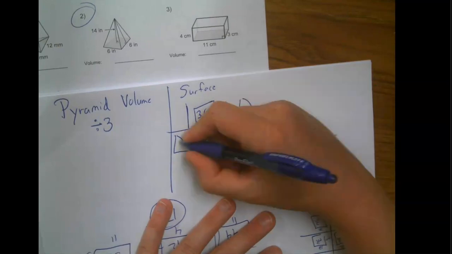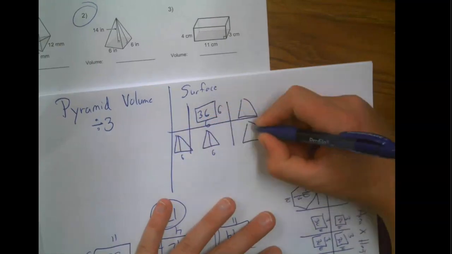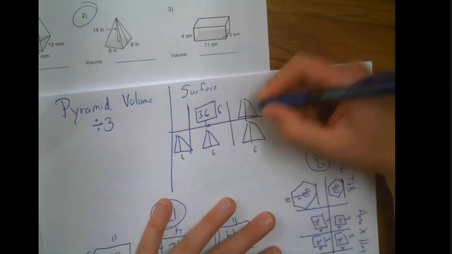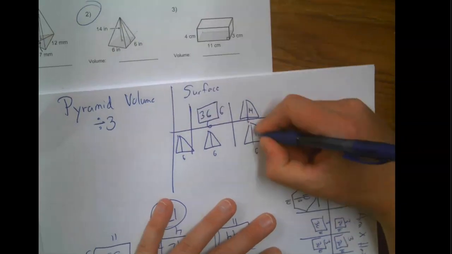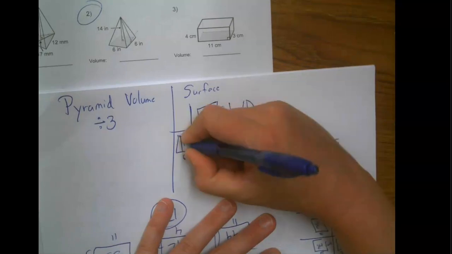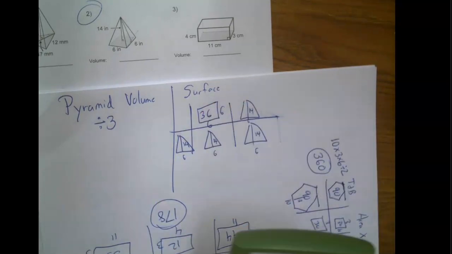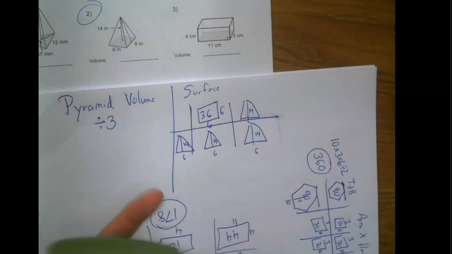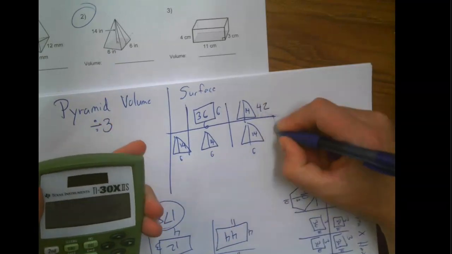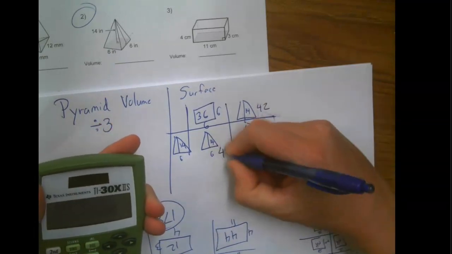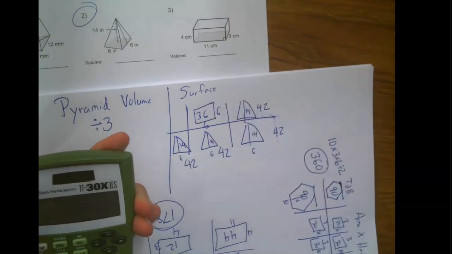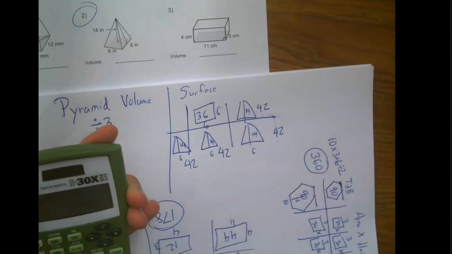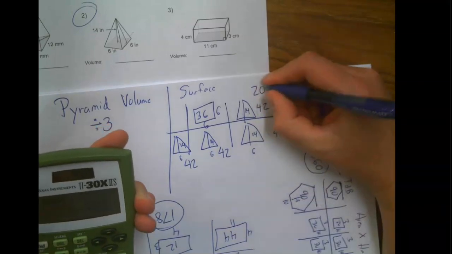The base of the triangle is always 6, and the height of the triangle is 14. So 6 times 14 divided by 2 is 42. Each of these is 42 plus 36. So 42 plus 42 plus 42 plus 42 plus 36 is 204.